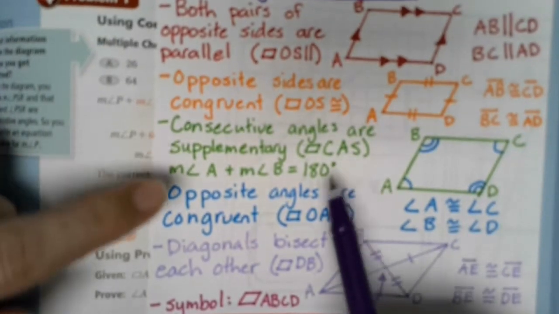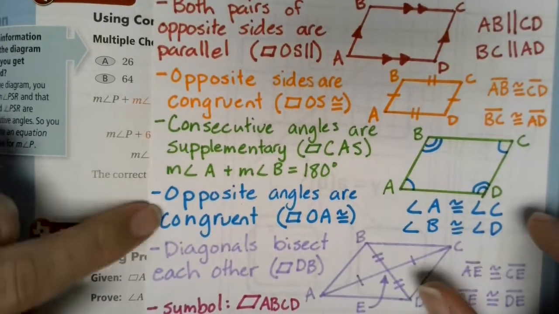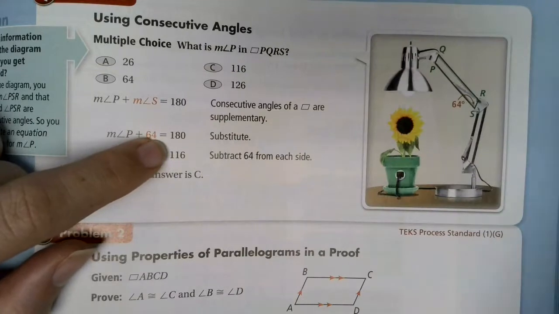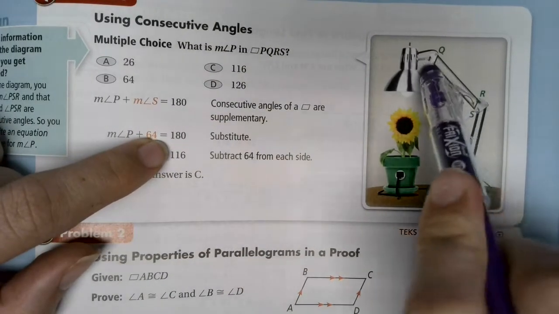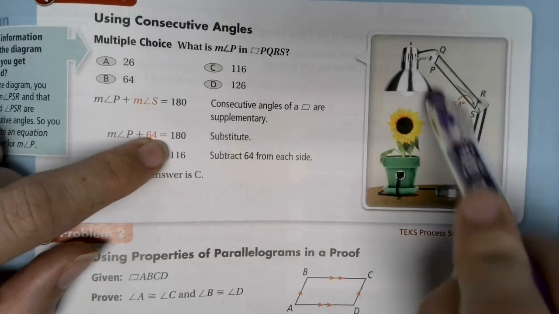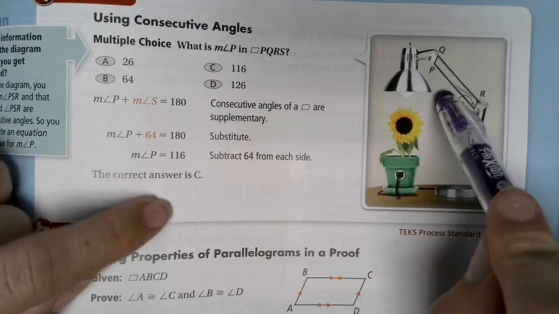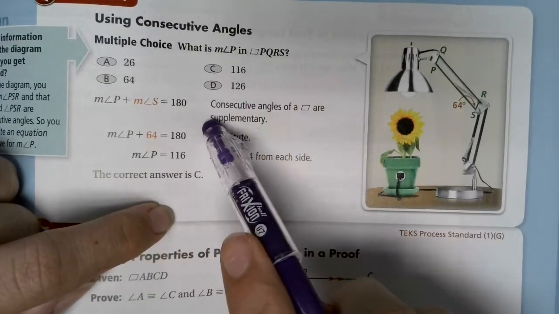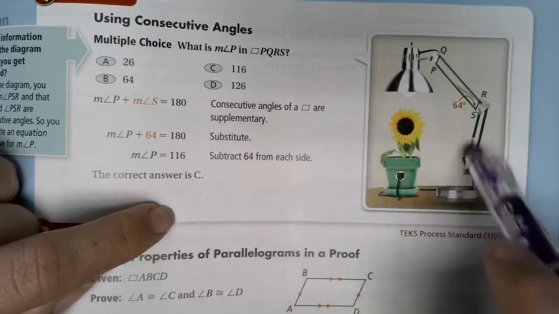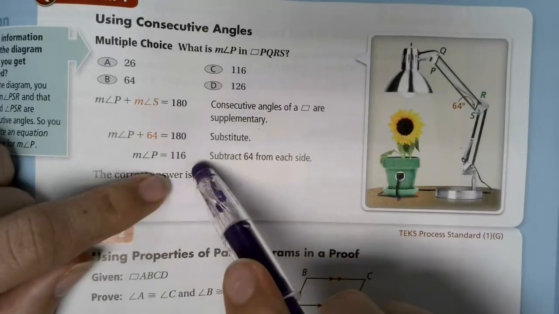Consecutive angles are supplementary, opposite angles are congruent. So now I just got to know, is it opposite or consecutive? Well, we know S is 64. P is not opposite of it, Q is opposite of it. P is consecutive, which means it must be supplementary. Consecutive angles of a parallelogram are supplementary. So we do 180 minus 64 to find that angle.